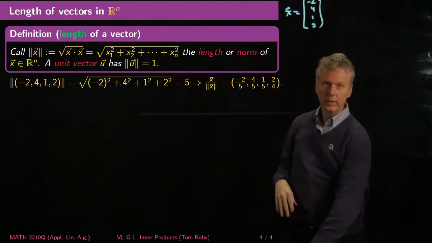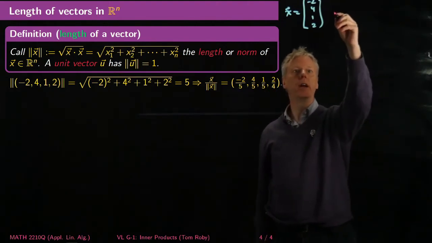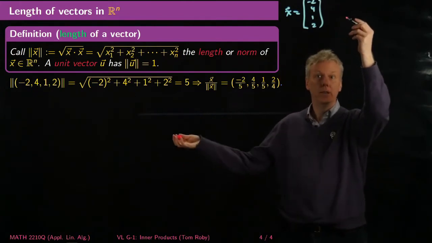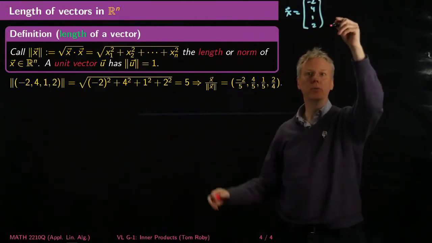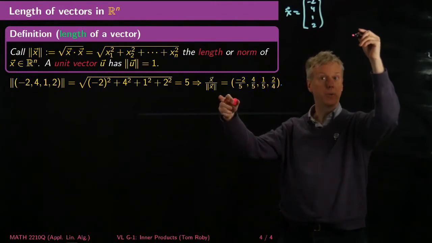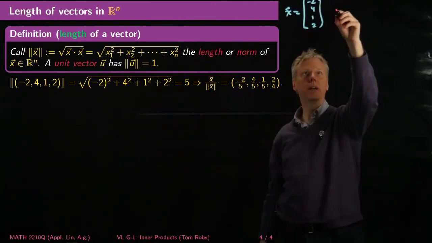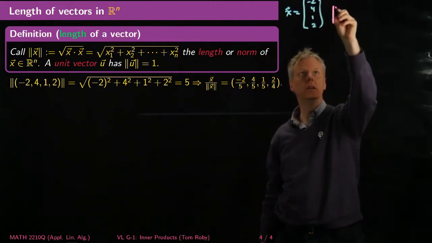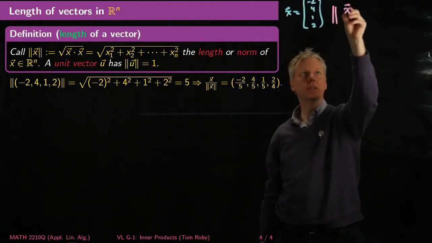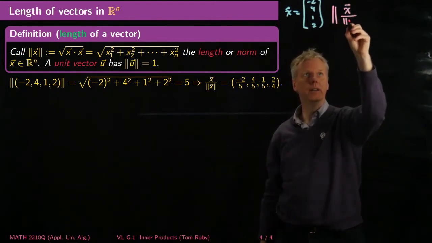So why is that? If you take a vector and divide it by its norm, is it a unit vector or not? Remember, the norm is now a scalar, just some number. So I take the norm of x divided by the norm of x.